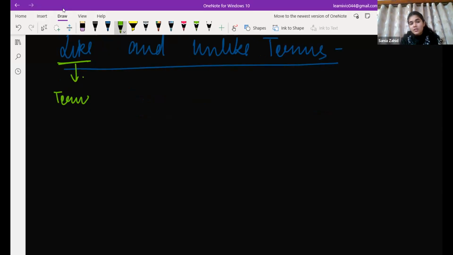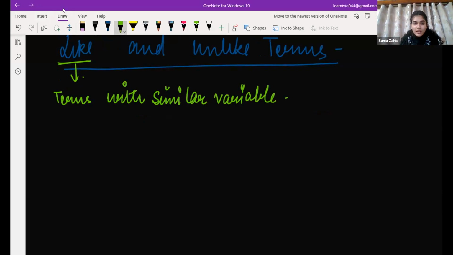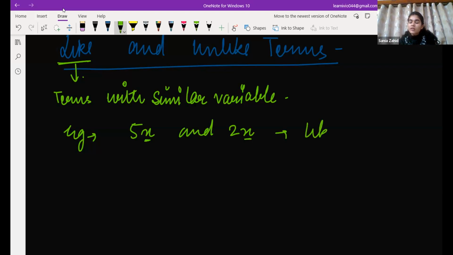For example, I have 5x and 2x. What is the variable in 5x and 2x? x, here also it is x. So these are like terms.